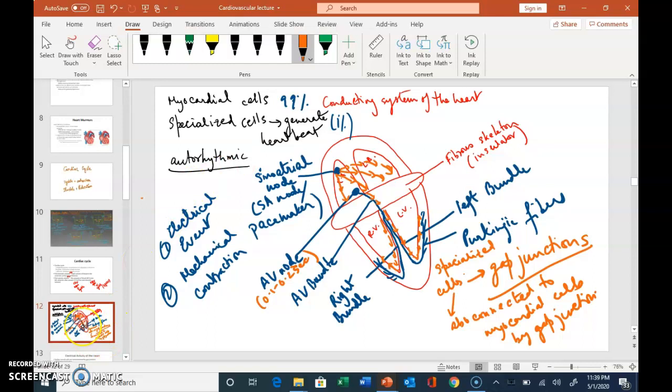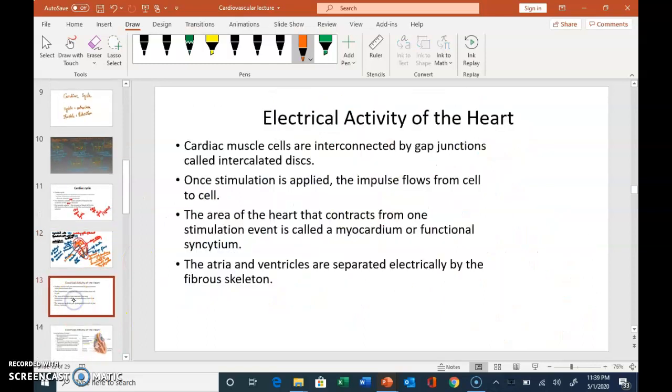Moving on to the next slide. Looking at the electrical activity of the heart, as I mentioned before, the cardiac muscle cells are interconnected by gap junctions, and the gap junctions are located in special areas called intercalated discs. Once a stimulus is applied, the impulse flows from cell to cell.